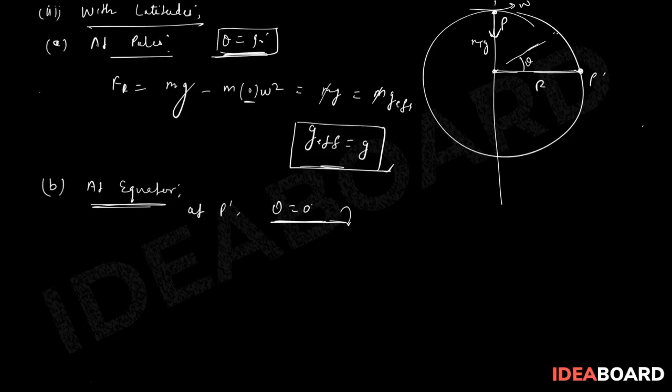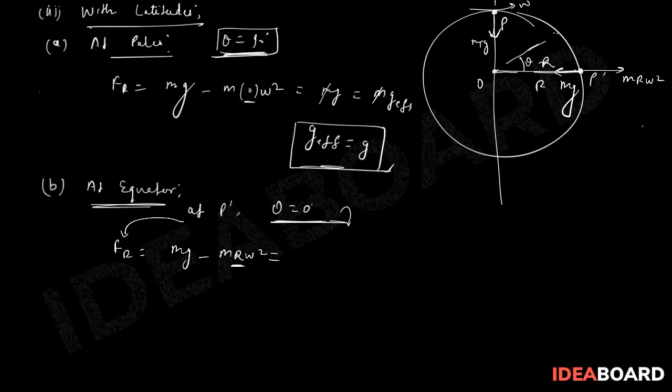So if you are at point P dash, mg will be toward the center of the earth, and of course it is rotating with angular velocity omega, so m r omega square. So f resultant at P dash can be written as mg minus m r omega square.